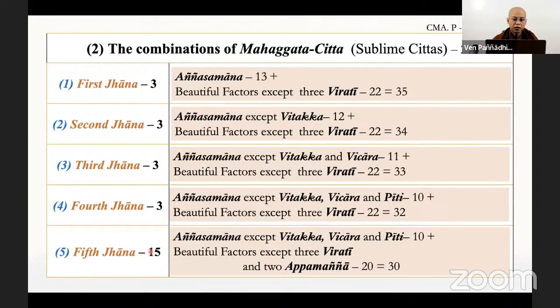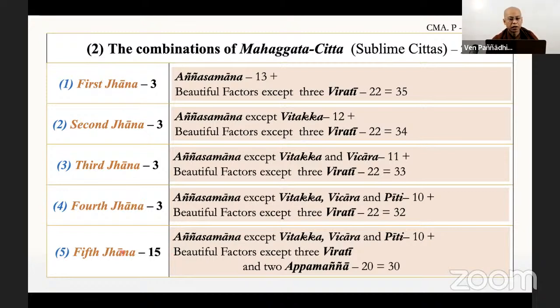And in the 5th jhana there can be some difference. Sometimes it takes the counterpart sign as its object, and sometimes in the Arupavacara Citta, reality becomes the object.